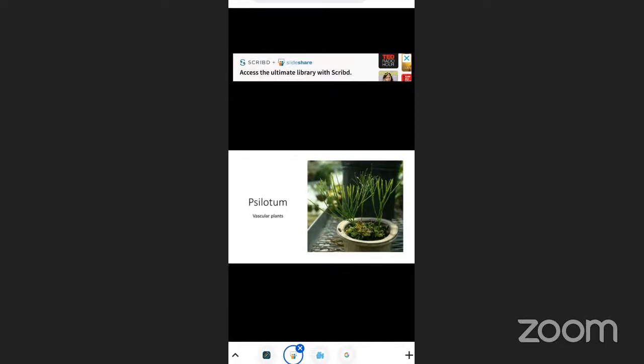Okay. So these pteridophytes possess an independent, well-developed sporophyte stage. We know that the sporophyte is the diploid condition, the independent plant, and a well-developed vascular system is present. These plants exhibit great diversity in structure and reproduction.